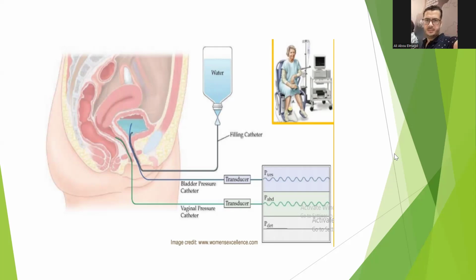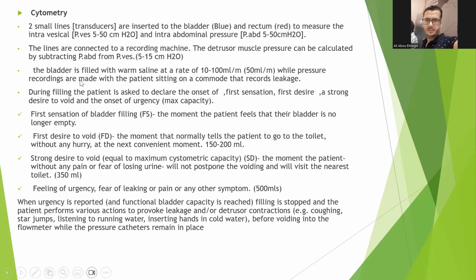Then we ask the patient to sit on the chair again and start filling. We start the filling at a rate of about 10 to 100, and we can take an average of 50 ml per minute. While we are filling, the pressure is recorded on the machine, and any leak during the filling will be recorded by the uroflowmeter down in the chair.